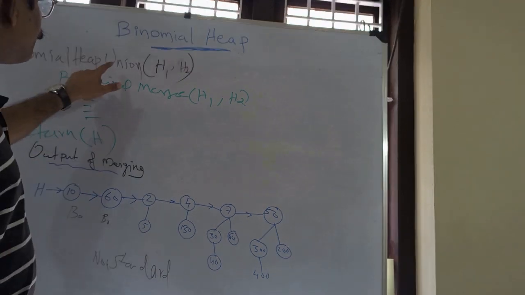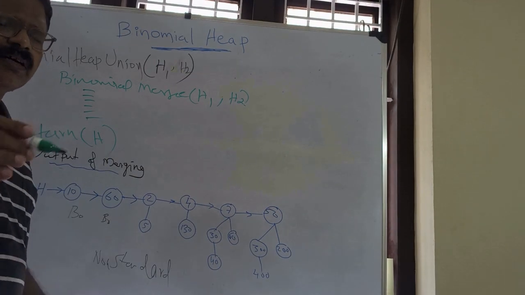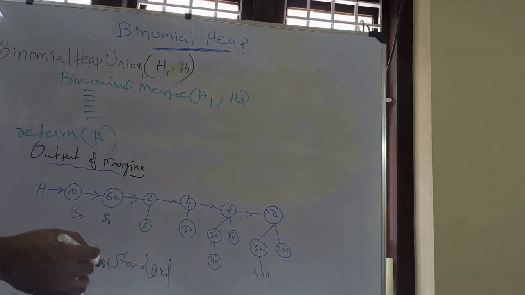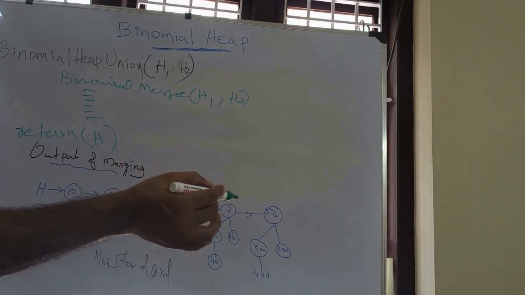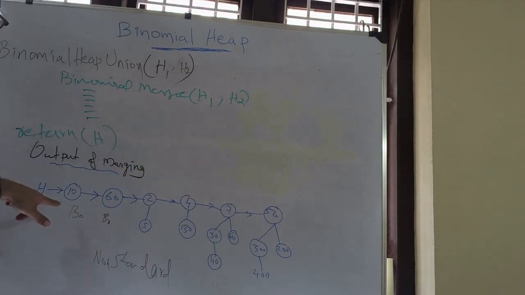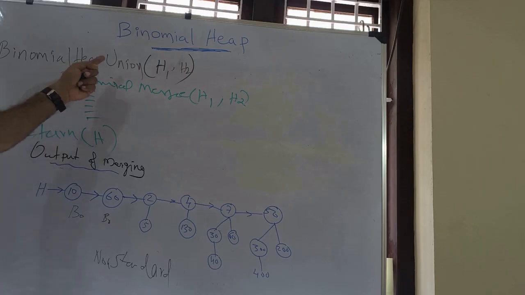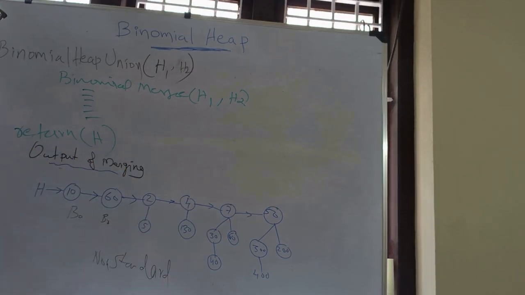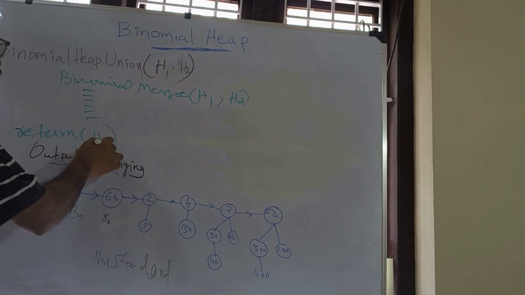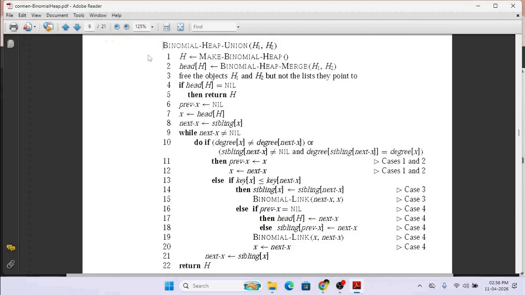Once again, this binomial heap union function receives two standard binomial heaps. Then it will merge these two binomial heaps and create a non-standard binomial heap. Then the remaining statements of this function will make this non-standard binomial heap a standard binomial heap H and will return H. This is the binomial heap union algorithm.